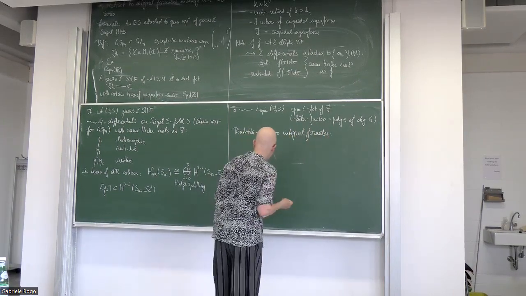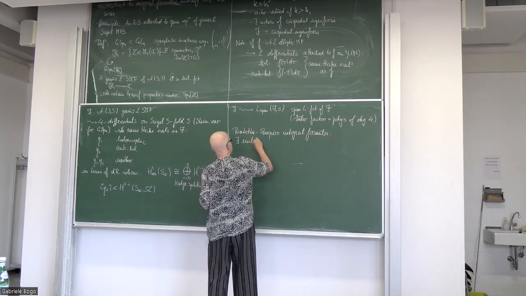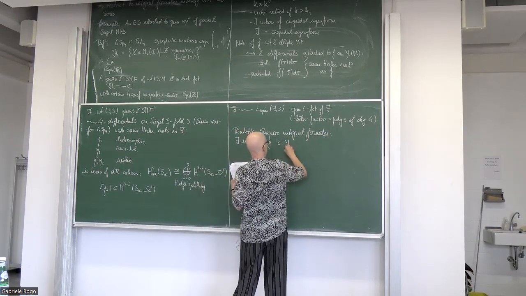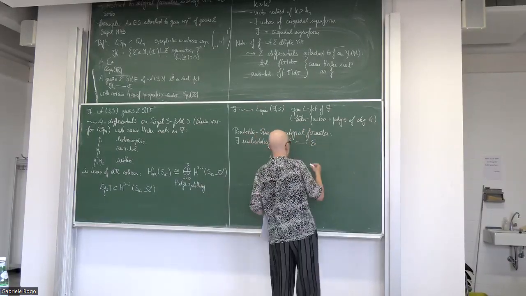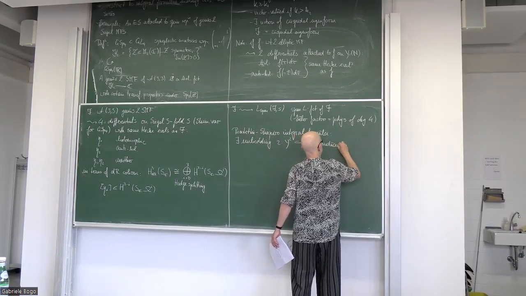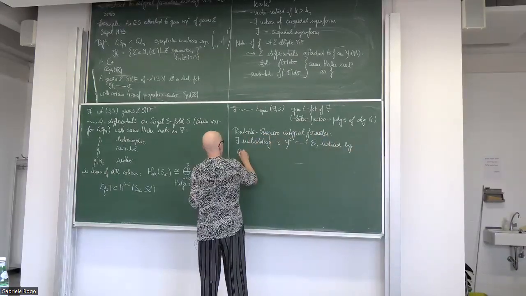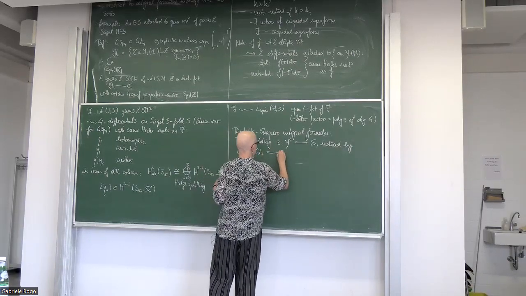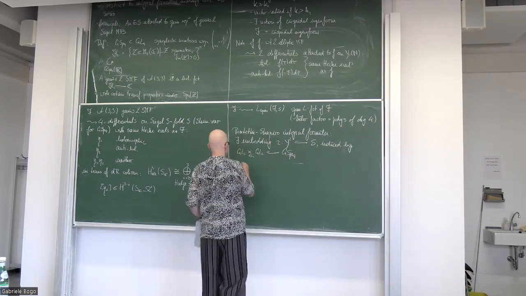Okay, so what is this? So we look at the following embedding. So there exists an embedding iota from the product of two modular curves into our Siegel threefold, which is induced by the following map of groups, from GL2 times GL2 into GSp4, which is explicitly given as follows.